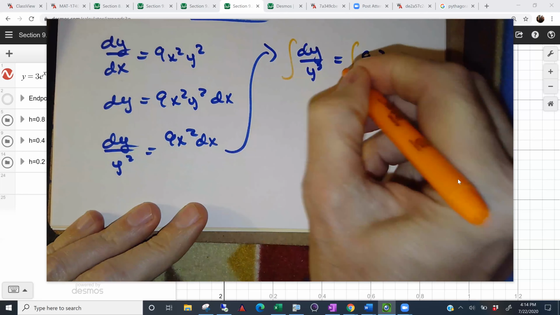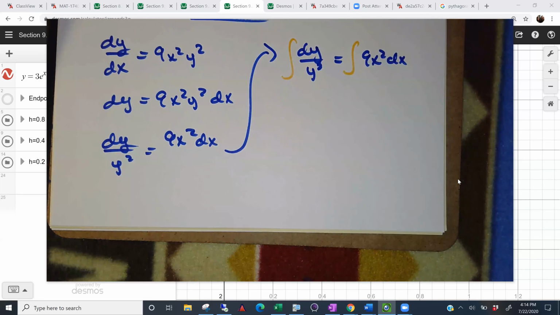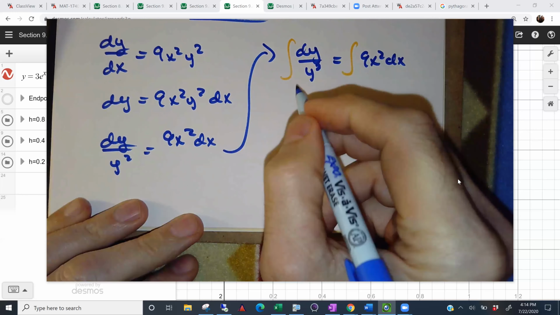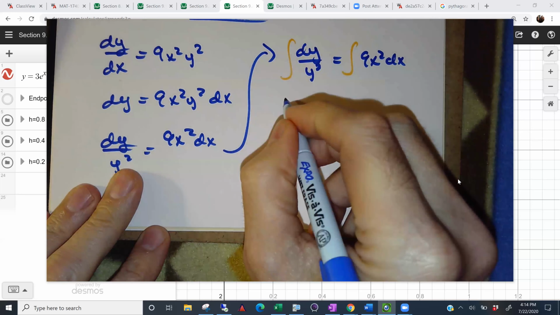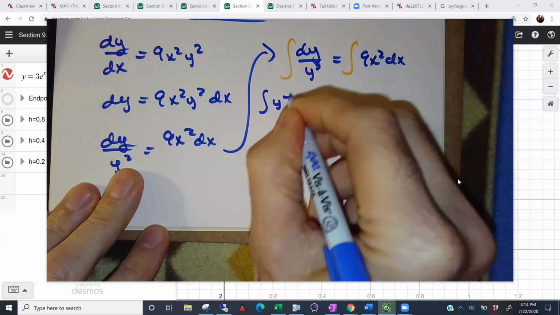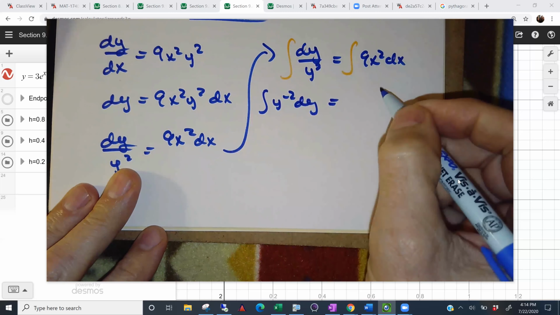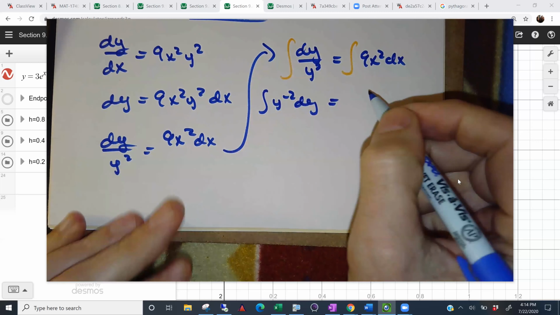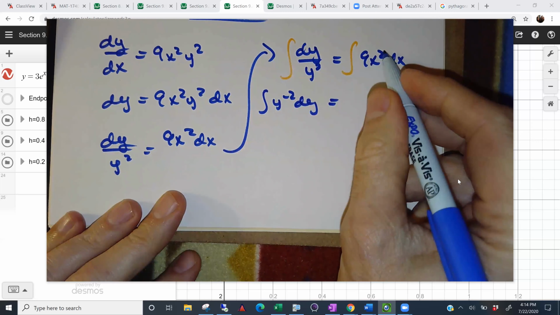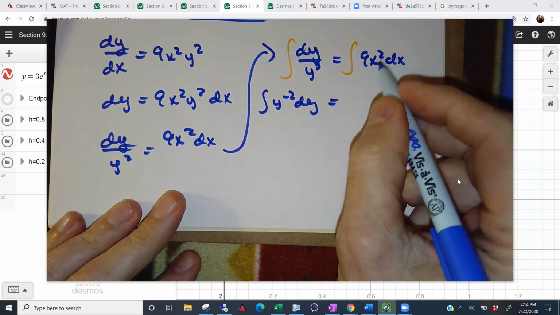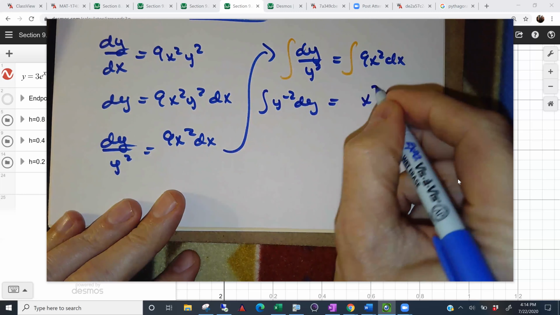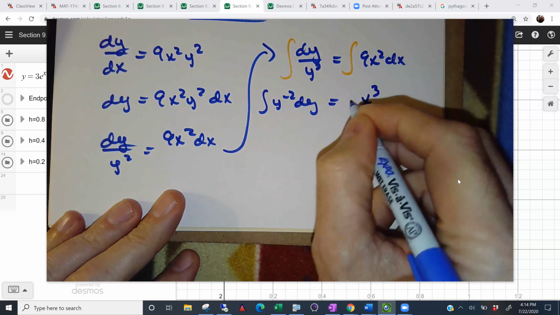I'll apply the integral to both sides. On the left-hand side, you might want to rewrite that as y to the negative second dy before you integrate it. The right-hand side, that one just integrates pretty quickly. Add 1 to the exponent, divide by that same exponent. So I'll have an x to the third divided by 3 times the 9.